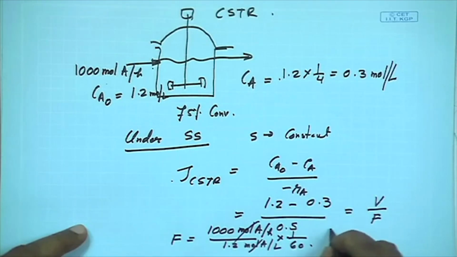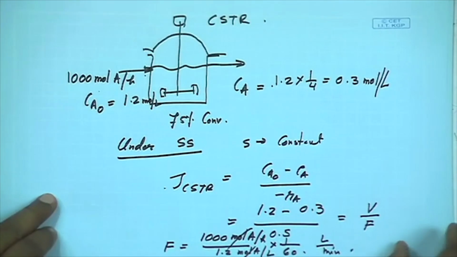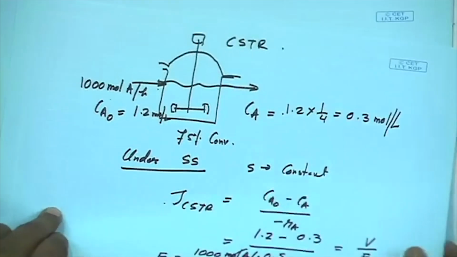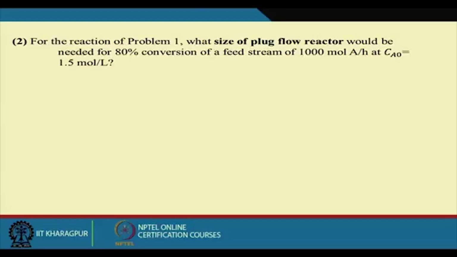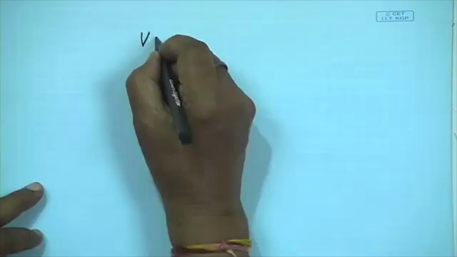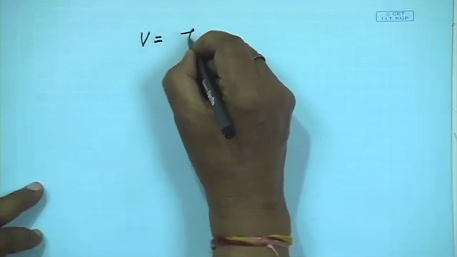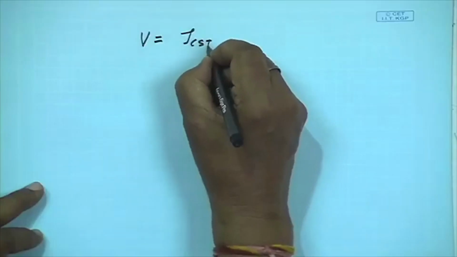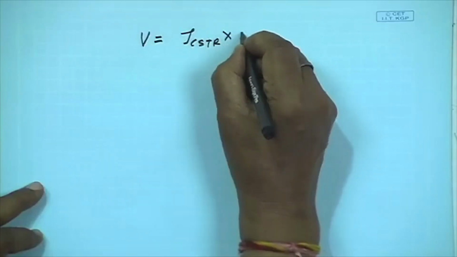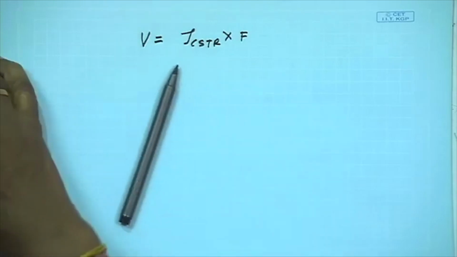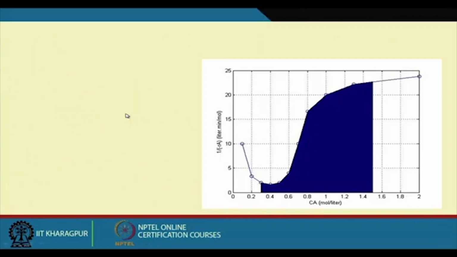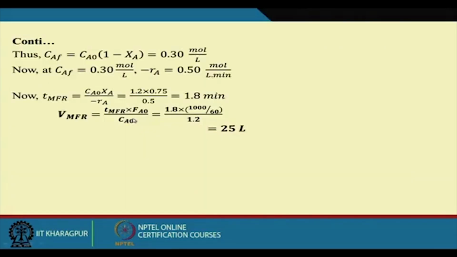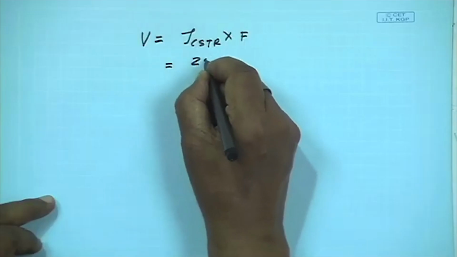So, you can easily calculate liters per minute. After this calculation, we can find out the volume of the reactor, which is equal to tau CSTR into F. Here we did the calculation and found it is about 25 liters.